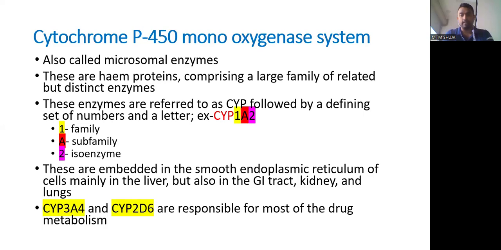If I am right, CYP3A4 is responsible for almost 50% of the drug metabolism that happens in your body, and CYP2D6 for around 20 to 25%. So almost 70% of the body's drug metabolism is controlled by these two enzymes.